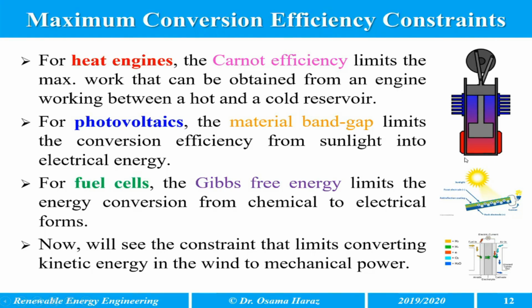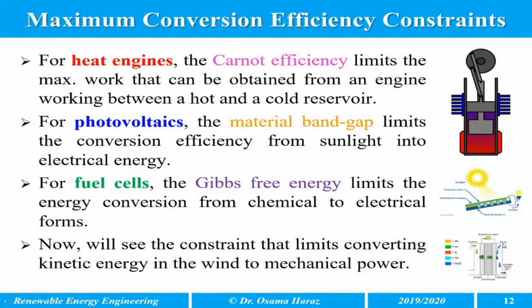If you study the heat engines, you are going to see or hear about the Carnot efficiency. For photovoltaics, the material band gap will limit the conversion efficiency from sunlight into electrical energy. For fuel cells, the Gibbs free energy will limit the energy conversion from chemical to electrical form.